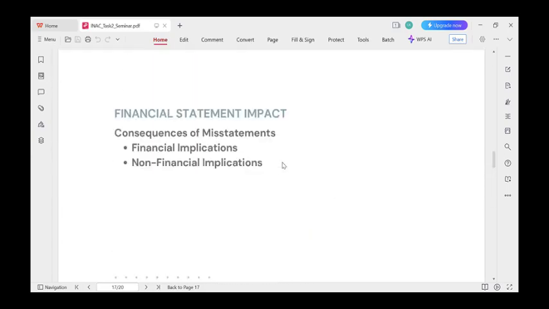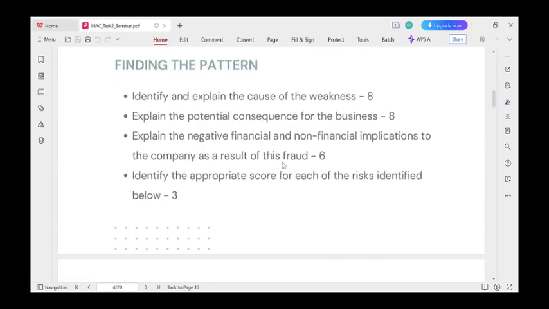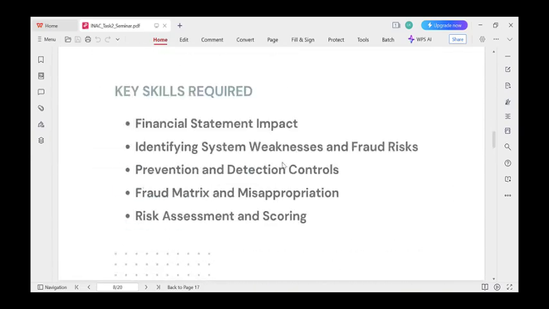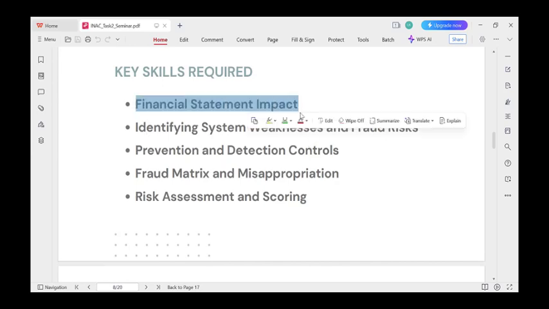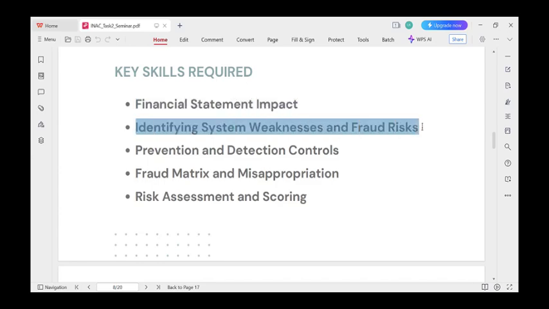Okay, let's get back to the skills that we require. The first thing we talked about was financial statement impact, okay? And then we talked about identifying system weaknesses and fraud risks, okay?